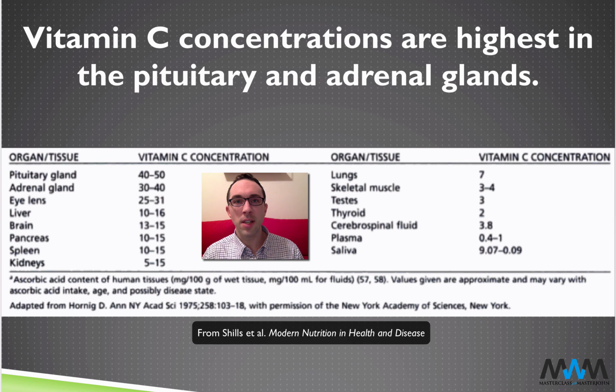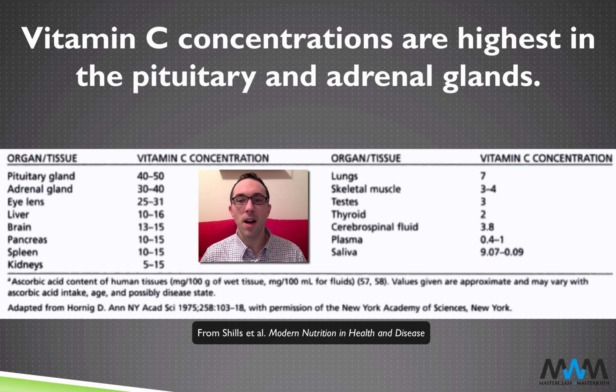If you look on the screen, you can see the measurement of vitamin C concentrations in a variety of different human tissues. You can also generalize from this list that the tissues of other animals are going to be similar. So you can see over in the top left that the highest concentrations are in the pituitary gland and the adrenal gland, and that reflects the demand for vitamin C for the synthesis of those molecules.